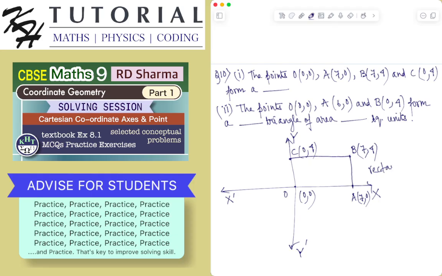because obviously the side BC is parallel to the side OA, and OC is also parallel to the side AB, and OA is equal to 7, because OA is the distance of the point A from the origin O, which is 7, and AB is equal to the distance of the point B from the x axis, which is 4.